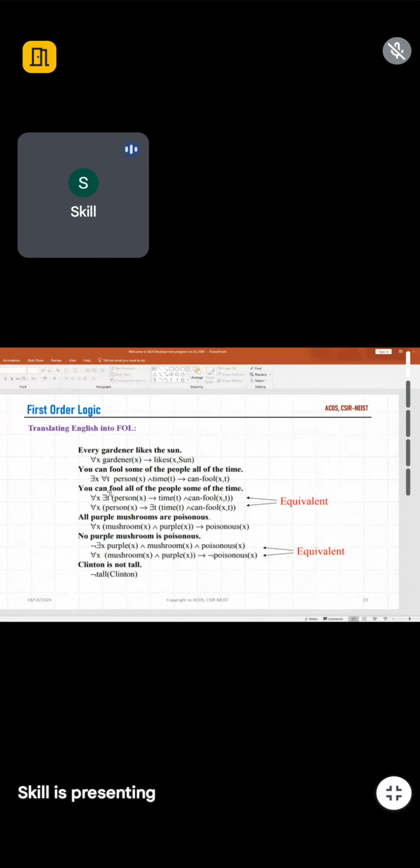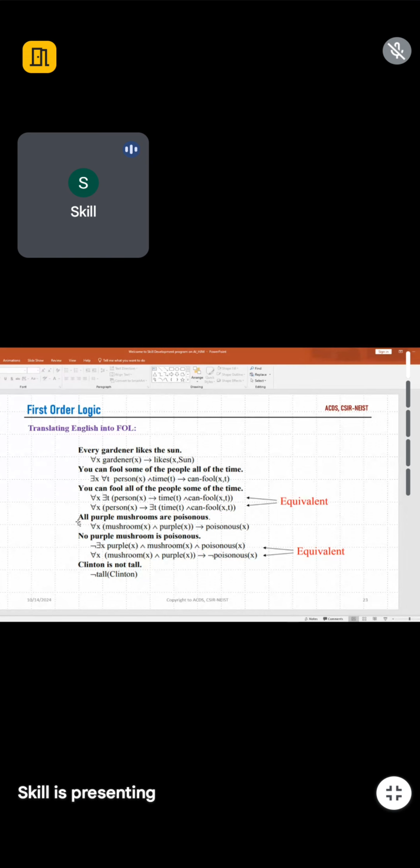So this statement we can write in FOL, or the equivalent of this can be written as: for all x, person(x), then for some time people can be fooled. So this statement we can write like this also.